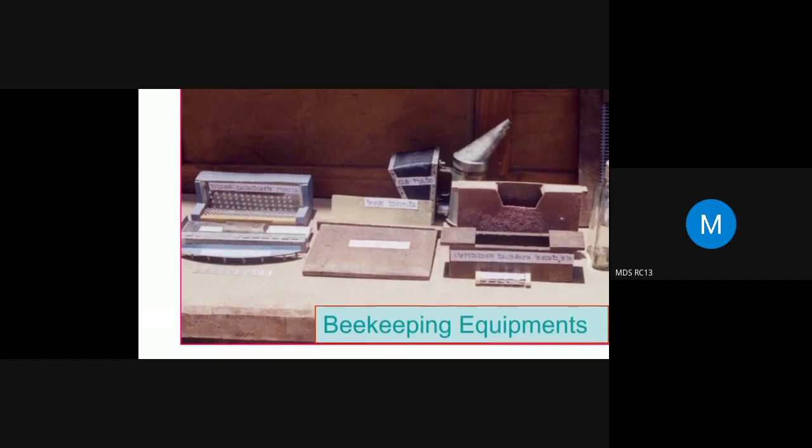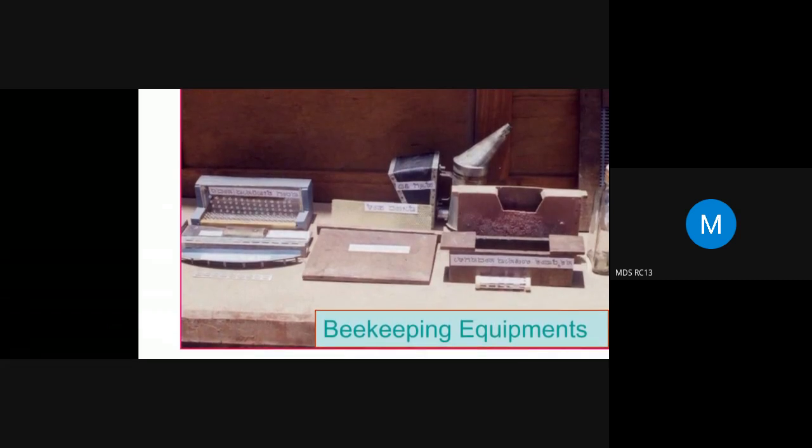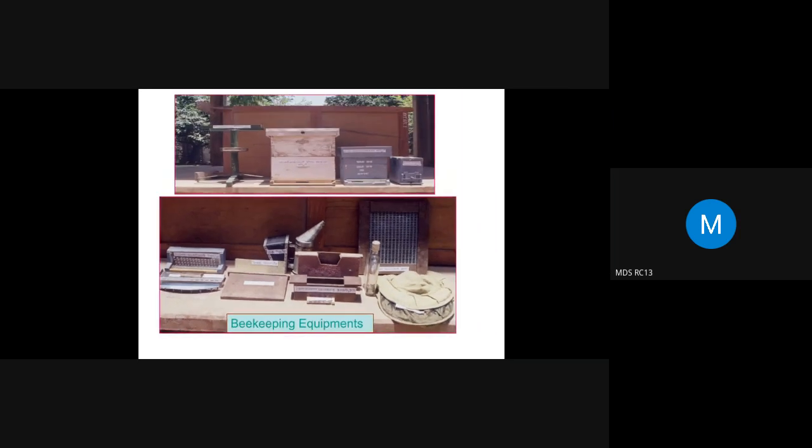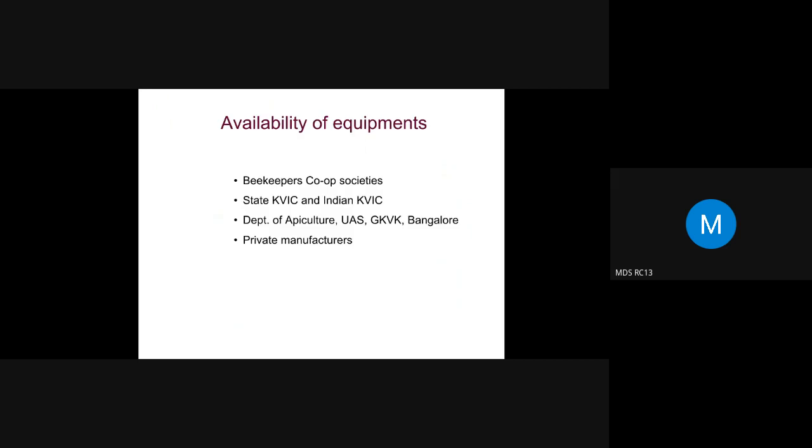In front of the pollen collector, you can see a different mesh-like structure, that is the queen excluder or queen gate, placed in front of the box like a gate.